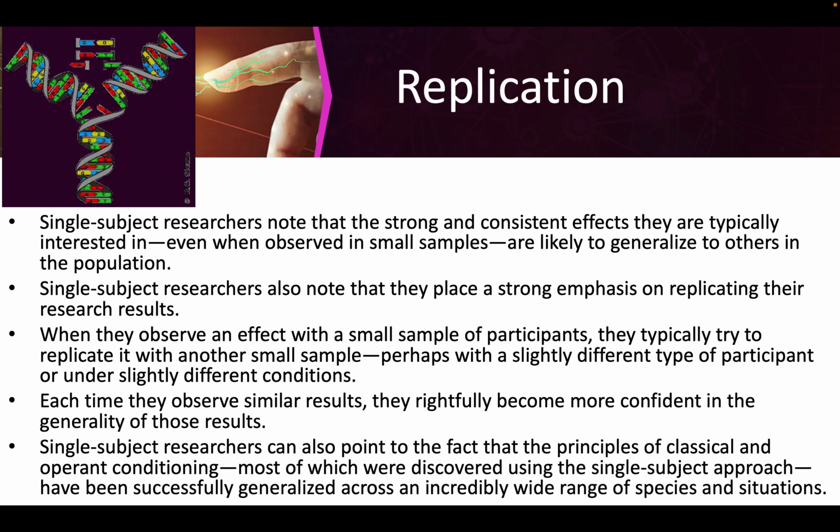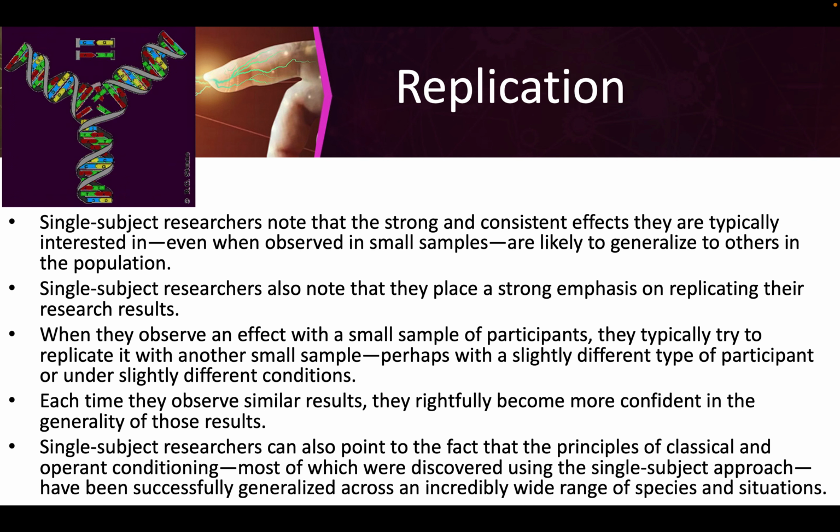Single subject researchers note that the strong and consistent effects they are typically interested in, even when observed in small samples, are likely to generalize to others in the population.